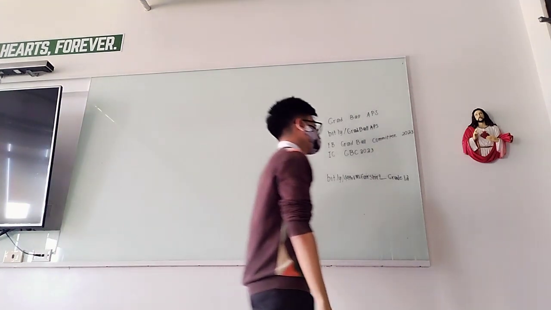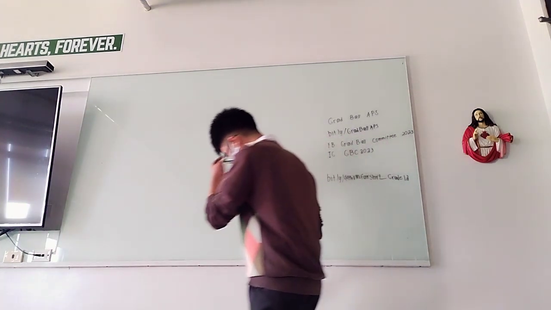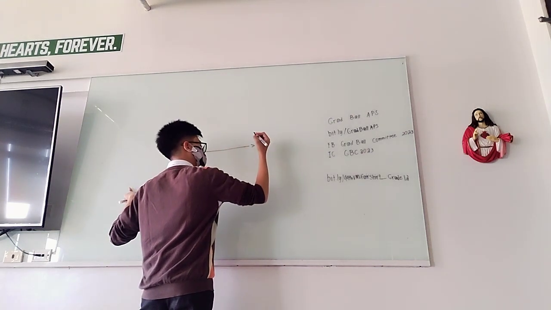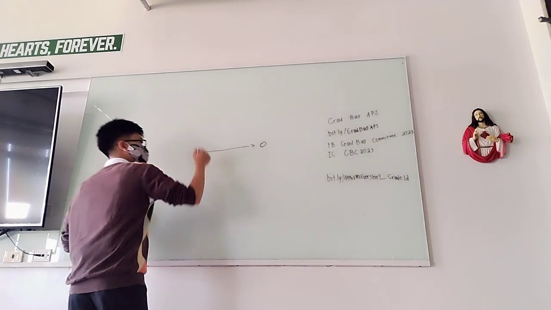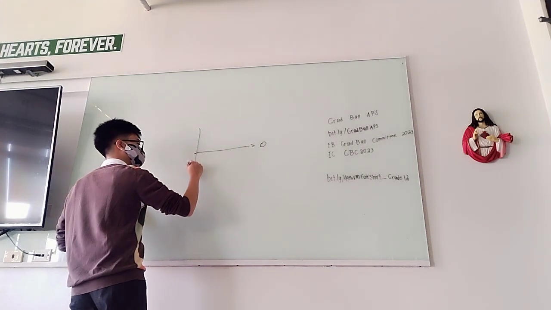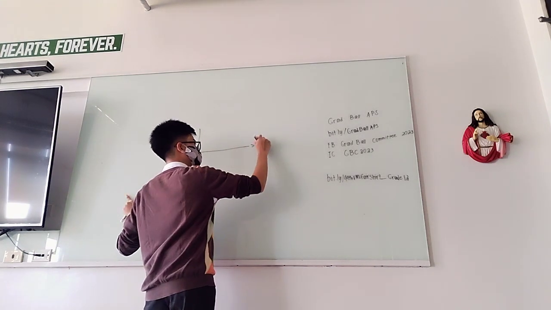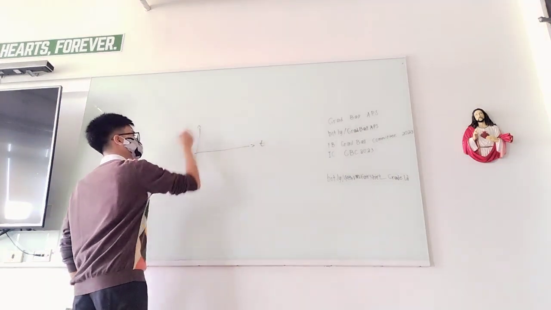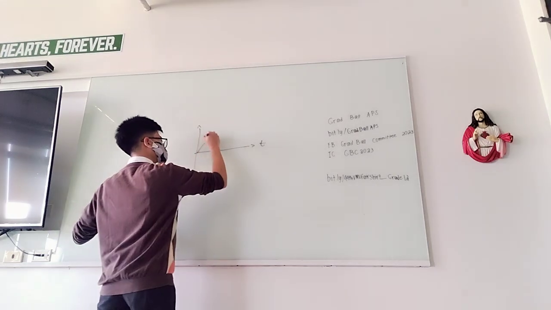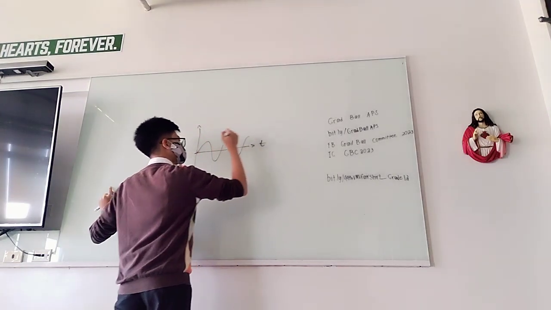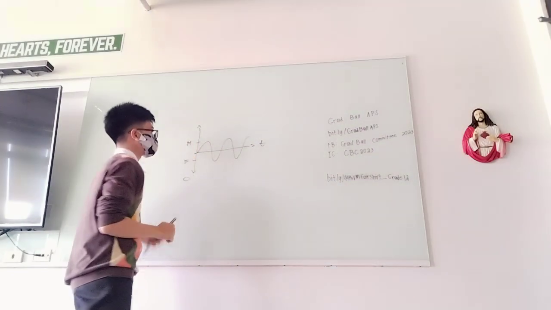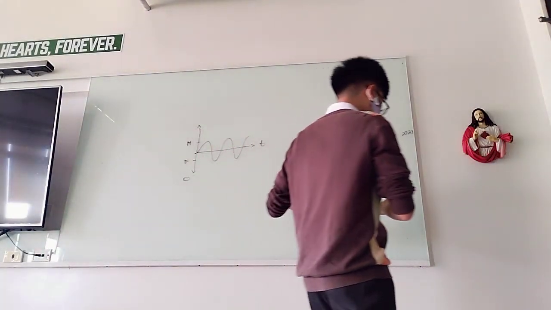Okay. So we have our O, and then we have, or actually this is time. Sorry, this is T. And this is O. And then it fluctuates back and forth between M and F. Let's say we want to construct a wave function here.